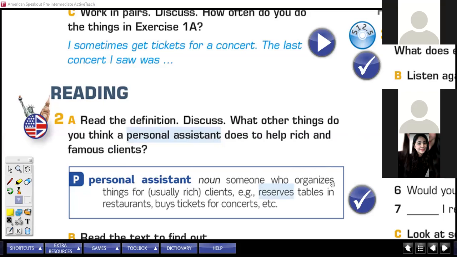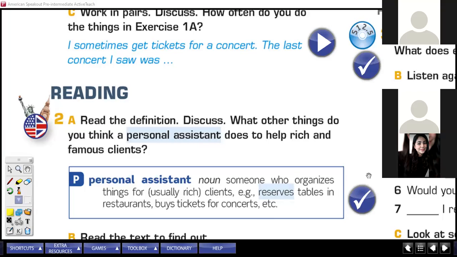Okay, please repeat. It's important that we need to pronounce the S at the end. Organizes. Repeat, organizes. Yes. Usually rich clients. Repeat, clients. Yes. And we read etc. Okay, so that's a personal assistant.